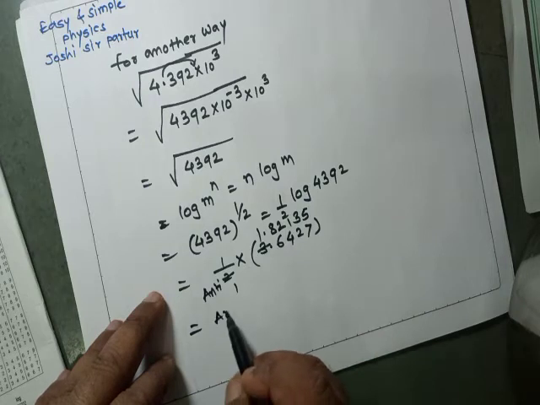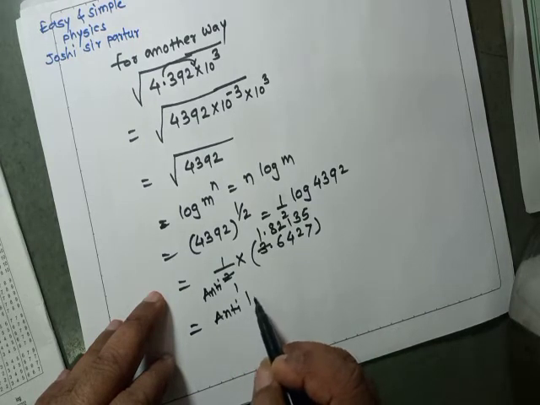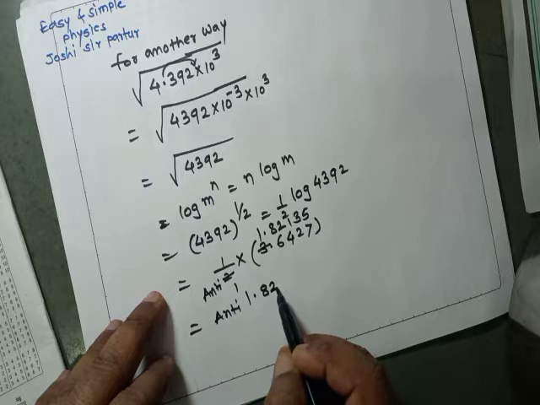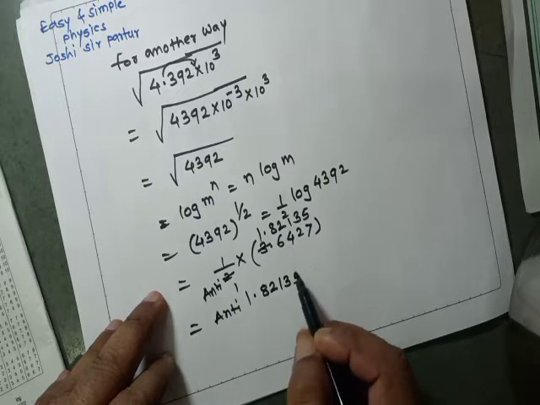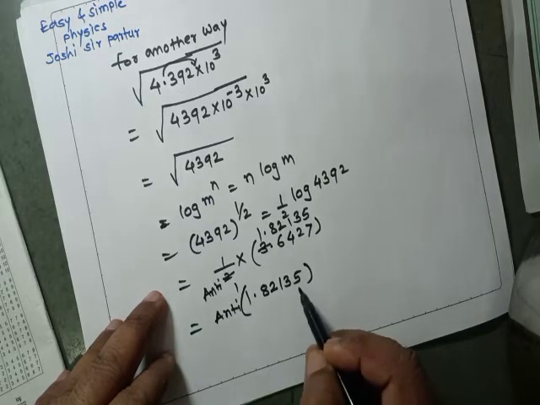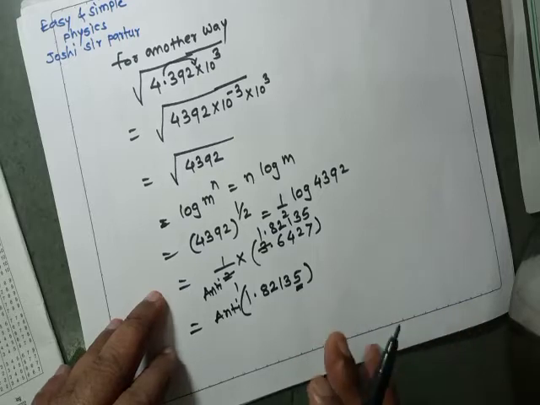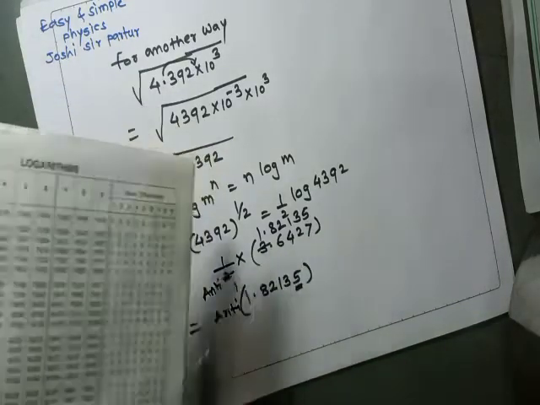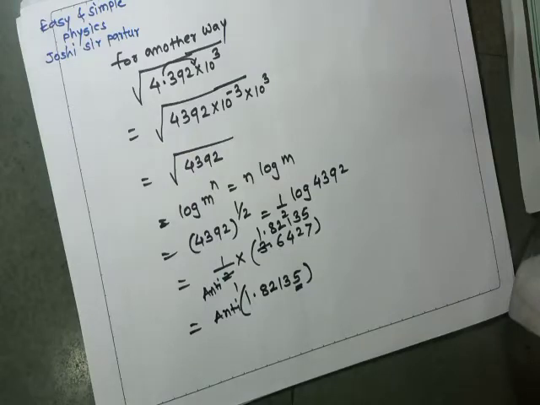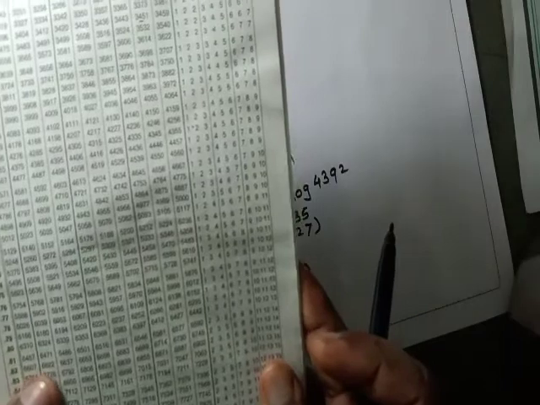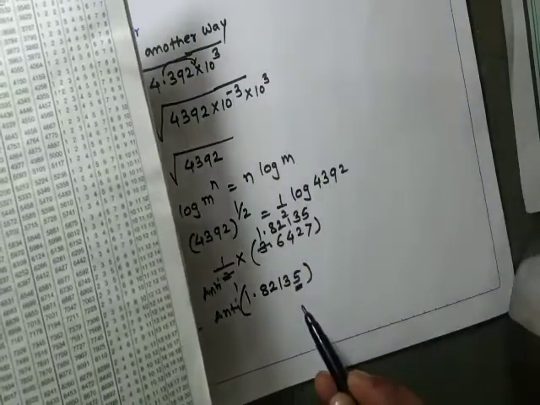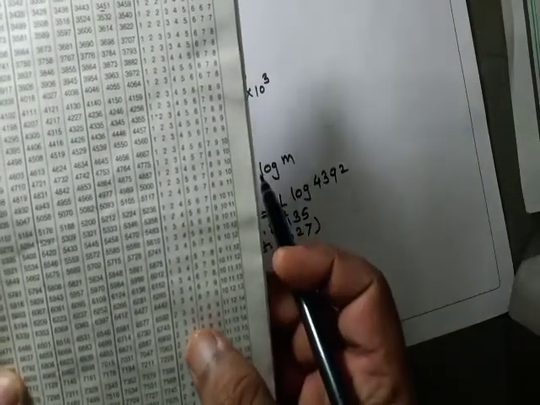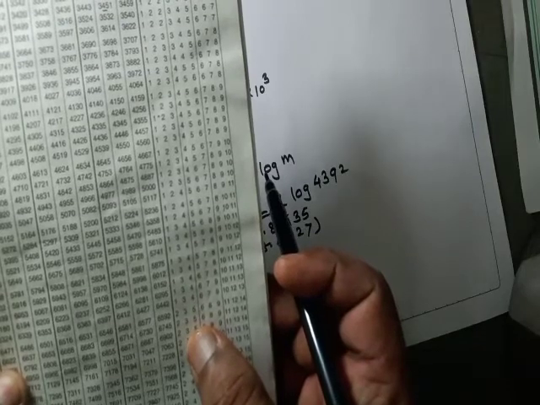So antilog of 1.82135. So here this will be neglected. So we can see antilog 0.82 in 1, and in 3 is mean difference, that is 5.